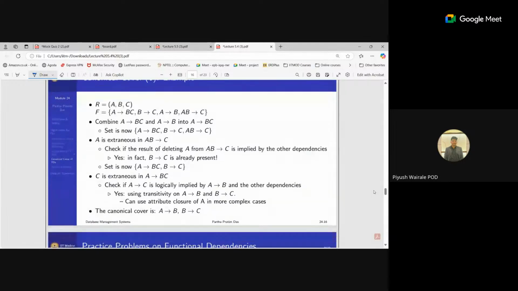So here we have R, and F combined set is now this one. A is extraneous, and AB determines C. It means that without removing it we are also getting that thing, right? So if AB determines C, we need to check.